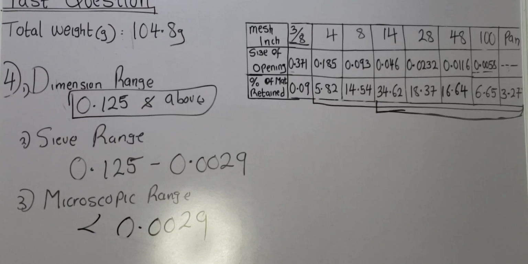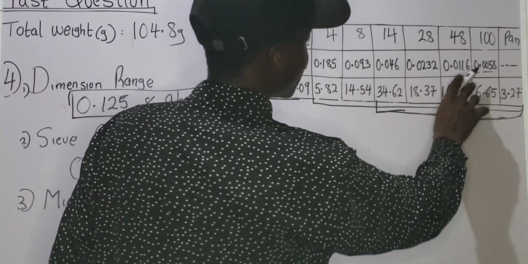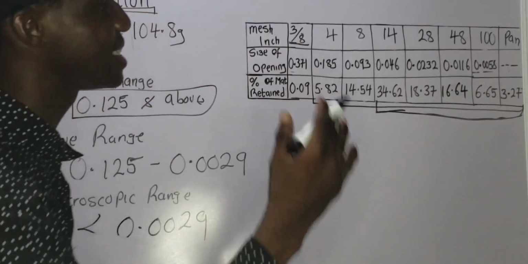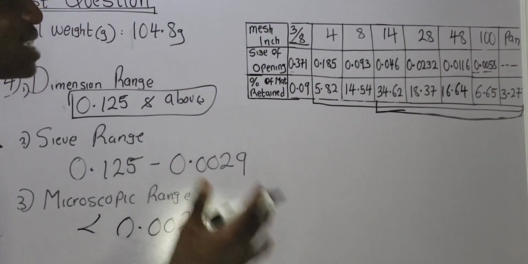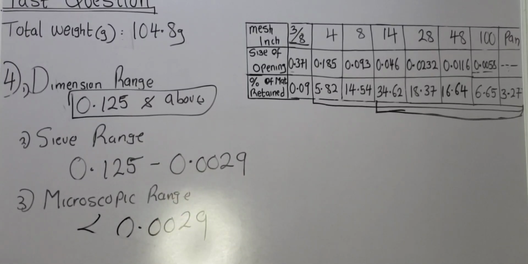So if the size of opening of mesh 100 is 0.0058, that means the materials that are less than 0.0058 pass through mesh 100. Maybe they are 0.0057 in size. Those materials pass through mesh 100 into the pan.